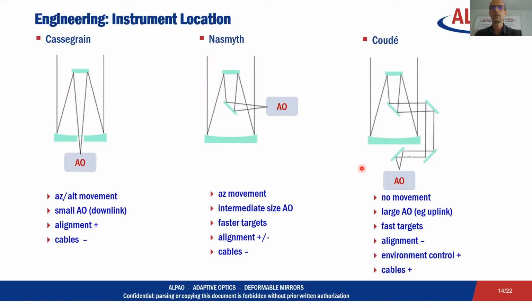The advantage is that in that room, you can fit pretty much whatever size of instrument you want because it's not moving. For example, if you have an AO system for the uplink, where you need to have your laser on the table, this might be the way to go. Also, since the instrument is not moving, it works well for really fast targets.